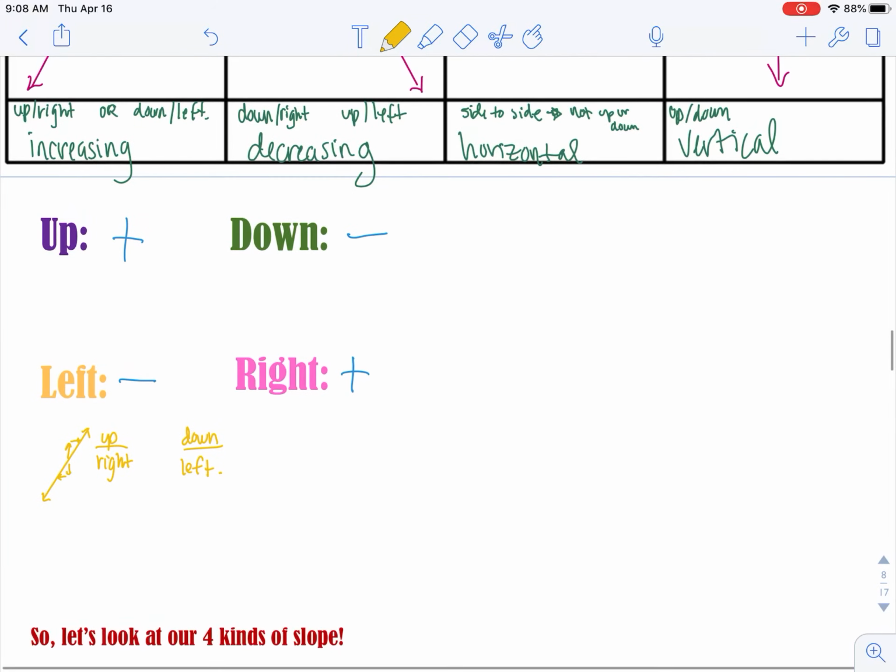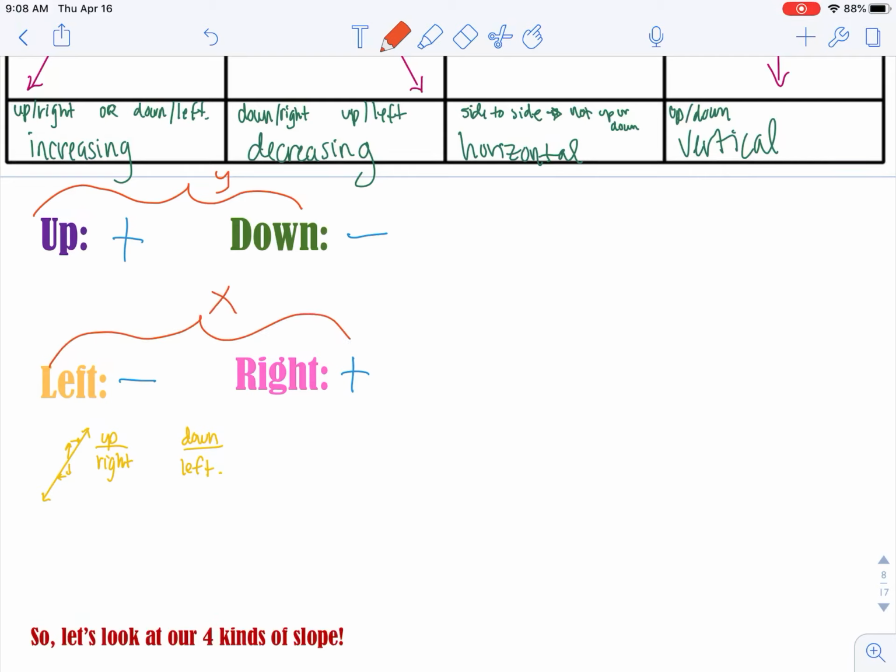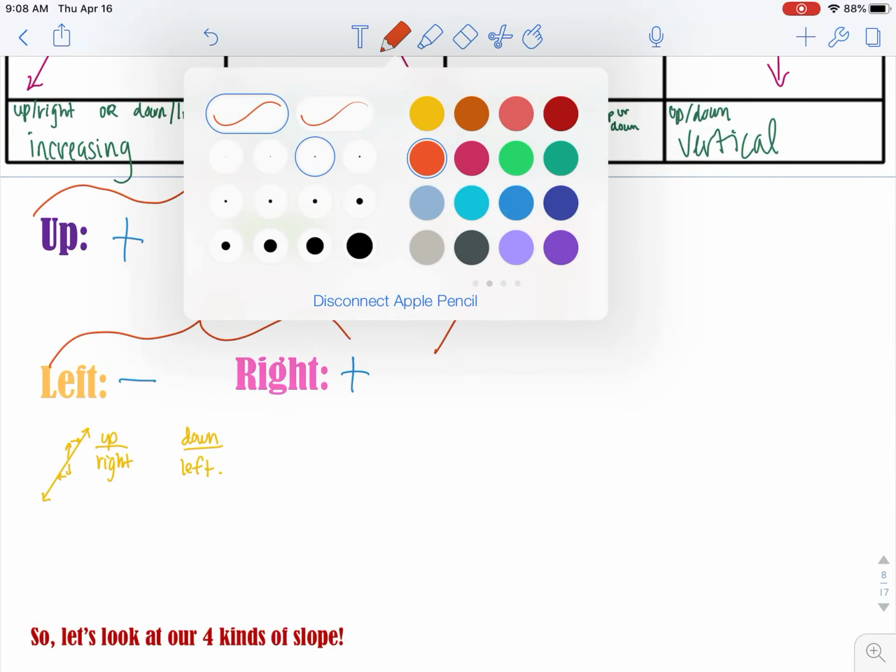Now, up or down deals with our y, and right and left deals with my x. So again, this is going to be y over x. Again, another reason why y comes first and not x.